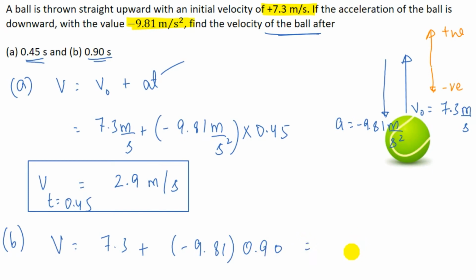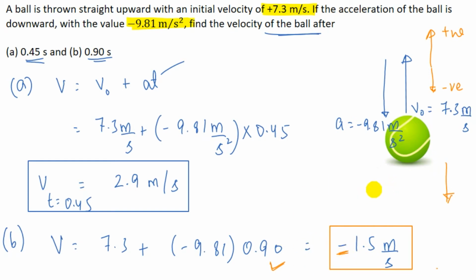So that would be equal to negative 1.5 meter per second. So this is the answer for the B part. Now here we can conclude one thing, that at this time the velocity of the ball would be in the downward direction because this value comes out to be negative.